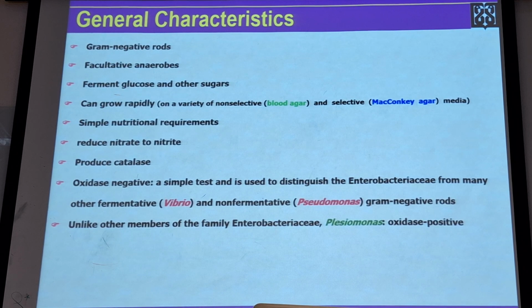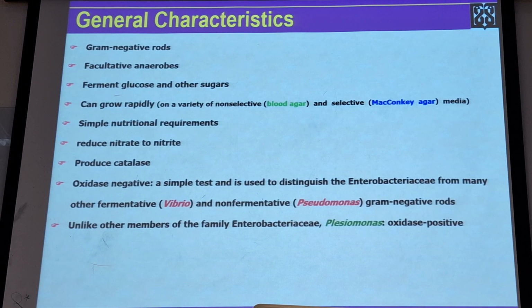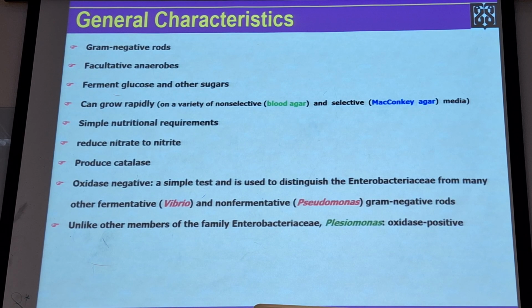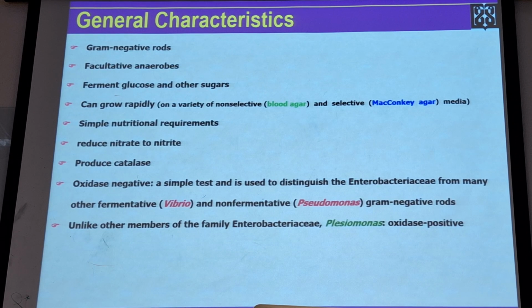They reduce nitrate to nitrite, they produce catalase, and they are oxidase negative. Oxidase is a simple test for differentiating the members of Enterobacteriaceae from other fermentative and non-fermentative gram-negative rods, such as Pseudomonas and Vibrio.